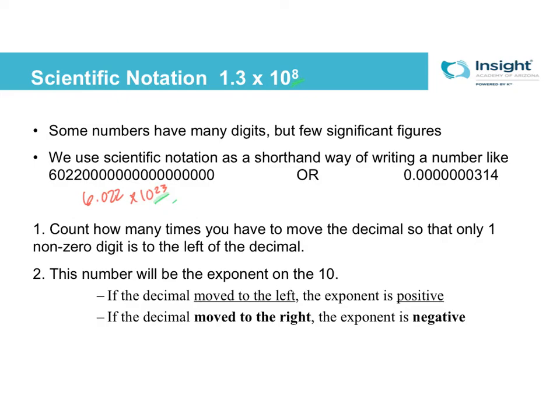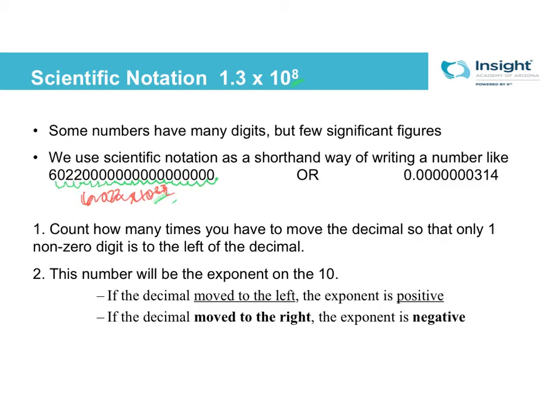On Avogadro's number here, our decimal was right there. Then I moved it 1, 2, 3, 4, 5, 6, 7, 8, 9, 10, 11, 12, 13, 14, 15, 16, 17, 18, 19 times. Apparently that's not Avogadro's number.